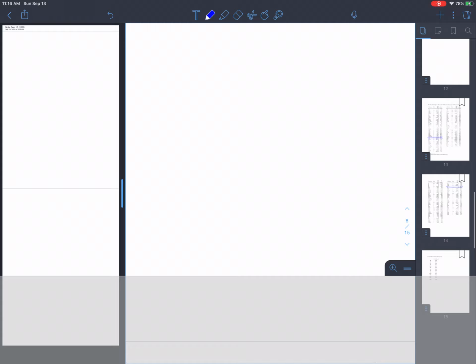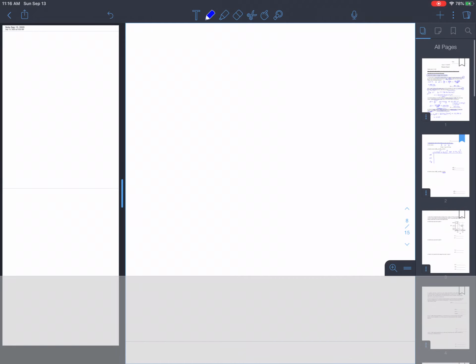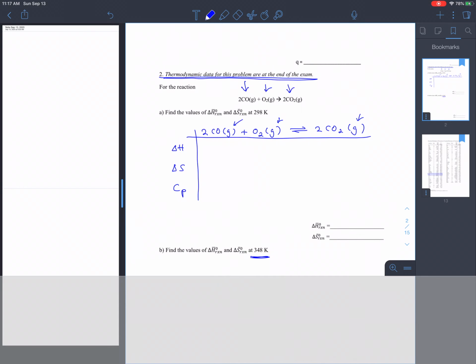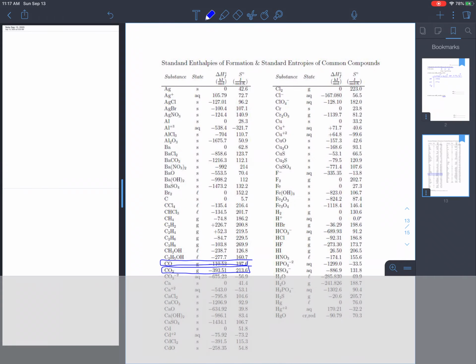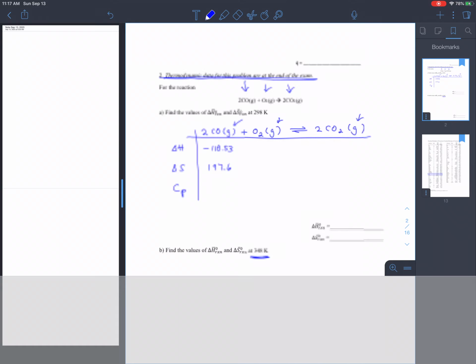And the heat capacity data are also down here. They're in a different table. So for CO, 29.0.